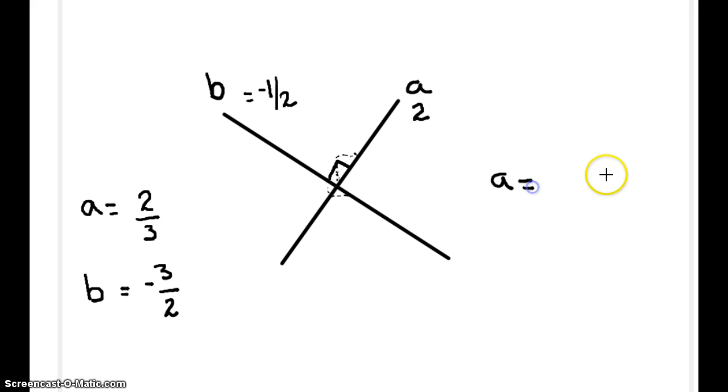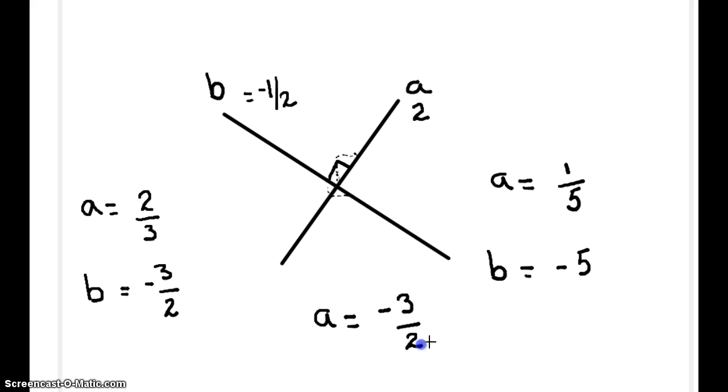If I have a slope of 1/5, then the perpendicular line to it has a slope of negative 5. Now my last example, if my first line has a slope of negative 3/2, then the perpendicular to it has a slope of 2/3.